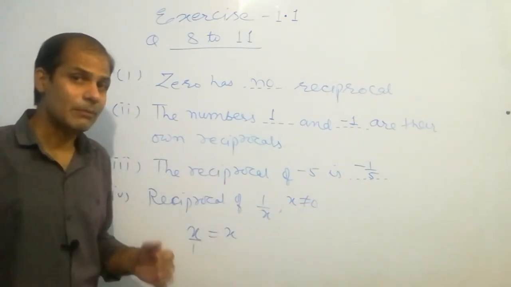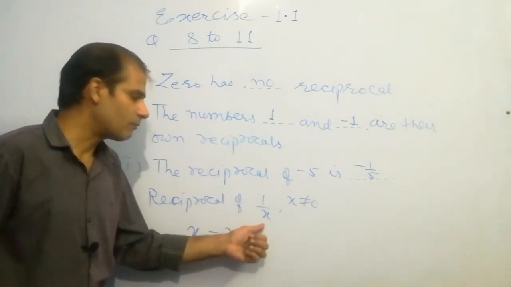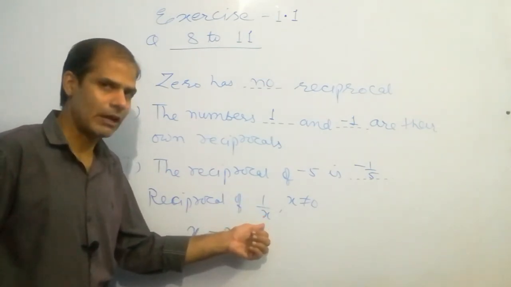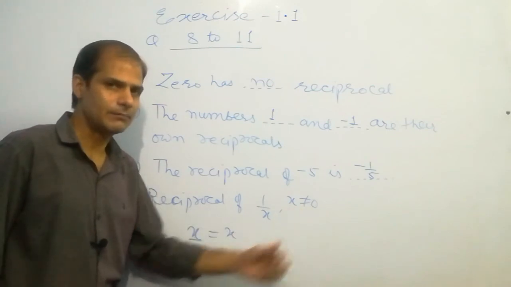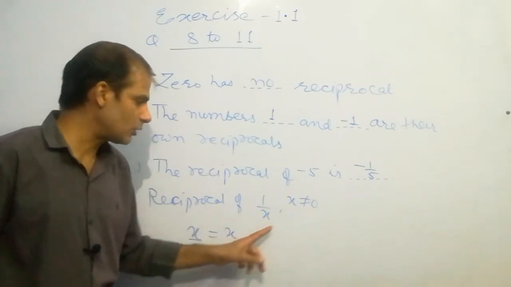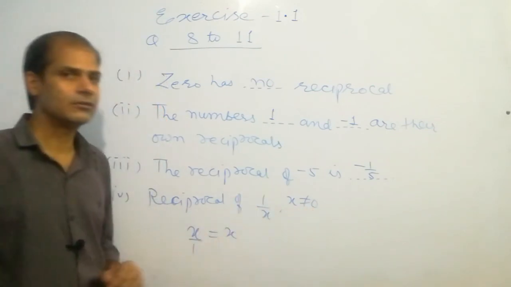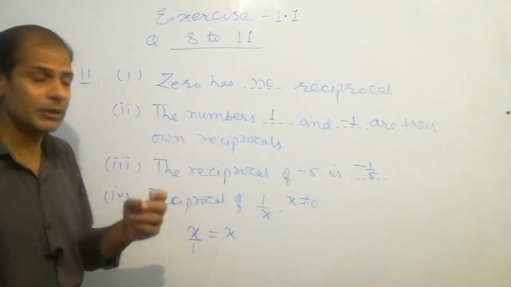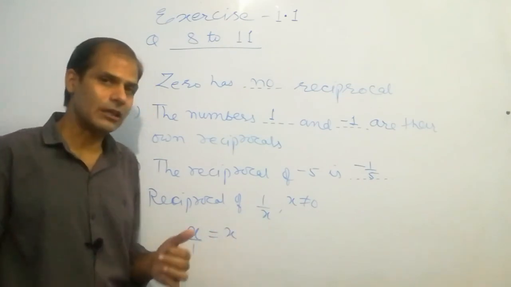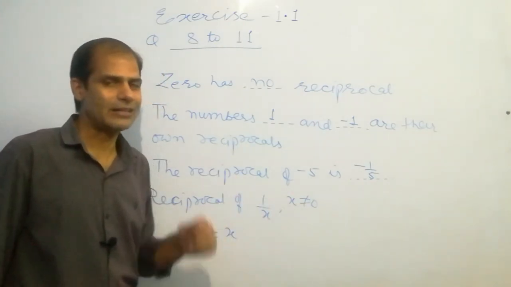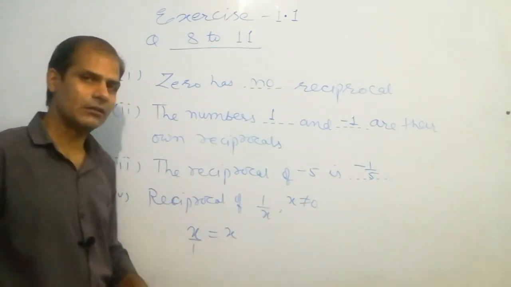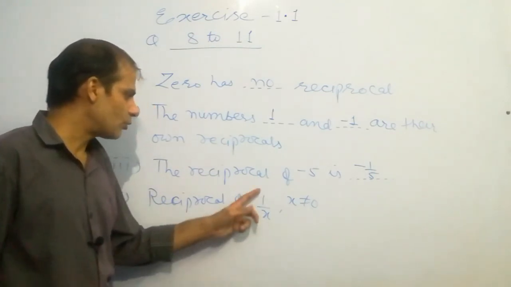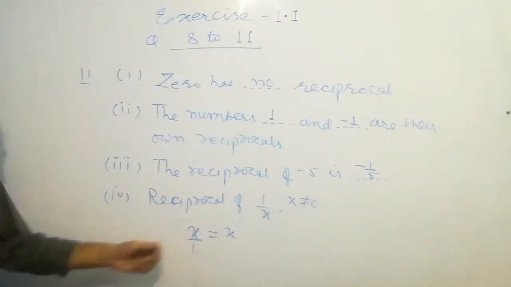Whenever in mathematics you see a variable in the denominator like x and y, you will always find this condition, because if x equals 0 then it is undefined. I told you a few minutes ago that 1/0 is undefined, so x will not be 0. The denominator is never 0. So the reciprocal of 1/x is x.